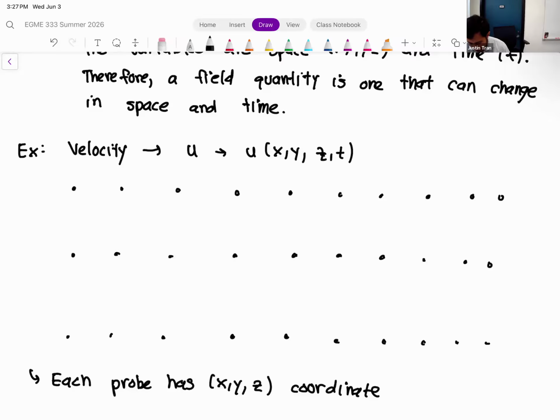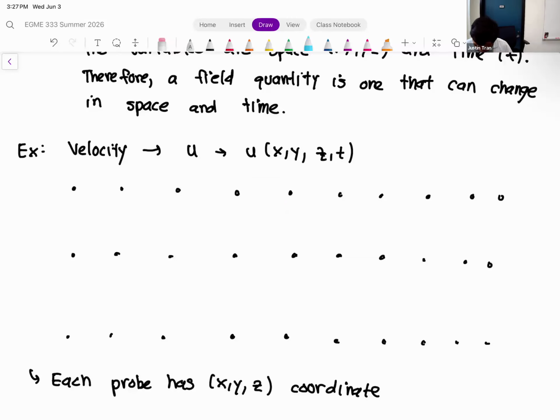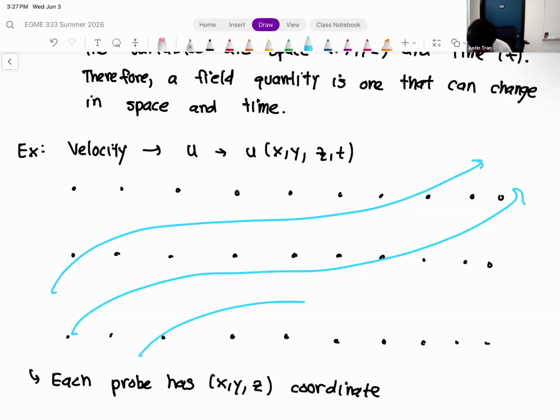Let me draw a flow field going through here. Each of those probes can measure things like the fluid velocity as a function of its spatial location. And if the velocity ever changes with time, we can observe that at each probe as well. So each probe can observe the fluid velocity change with time.